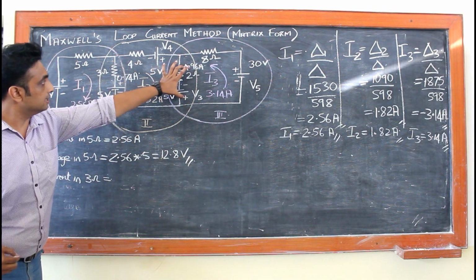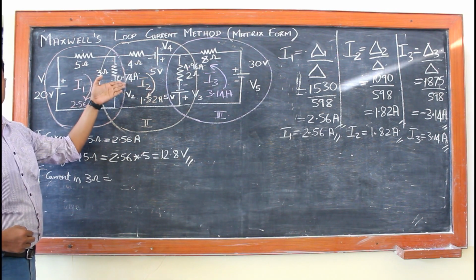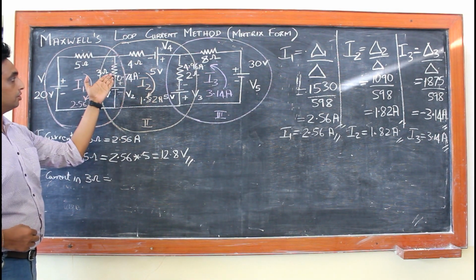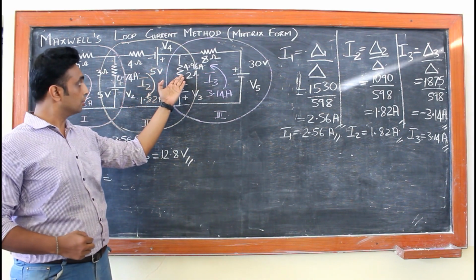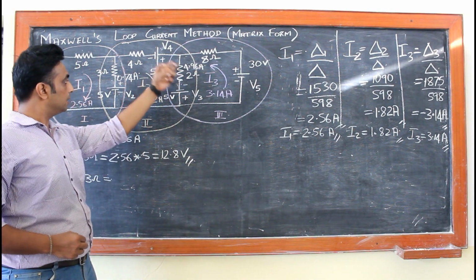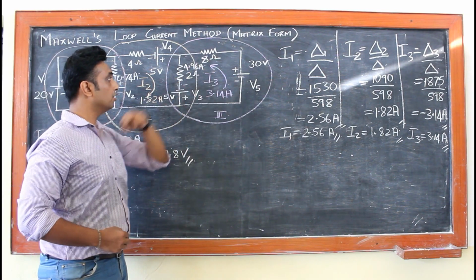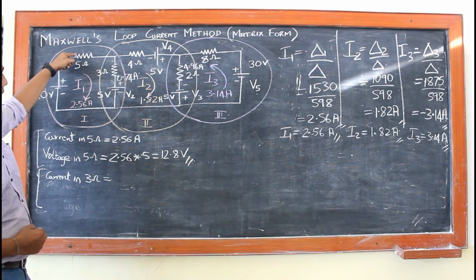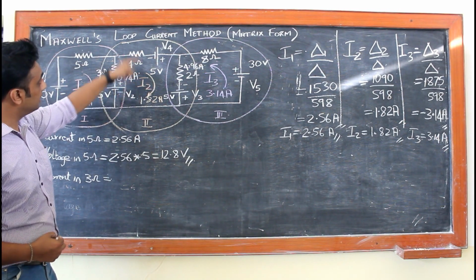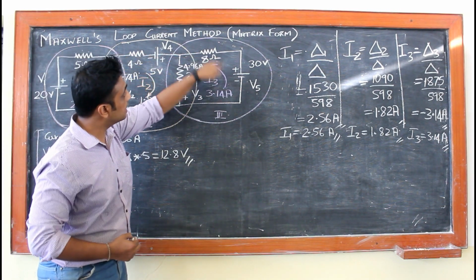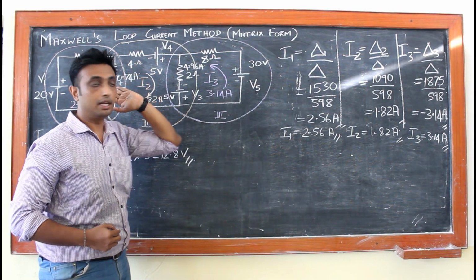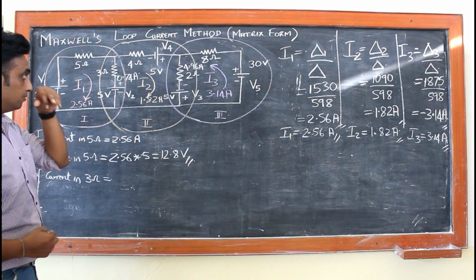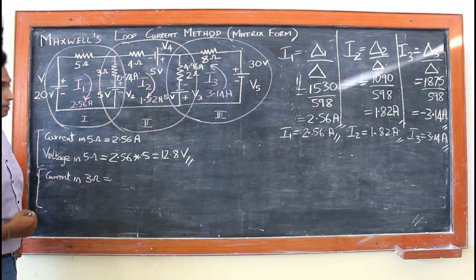So in the junctions there will be a combination of currents, a combination of I1 and I2. But the 5 ohms is directly linked with I1, the 4 ohms is directly linked with I2, and the 8 ohms is directly linked with I3. So here you will have no problem, but at these junctions, your currents will be different.